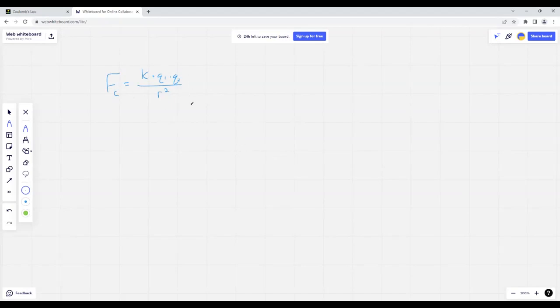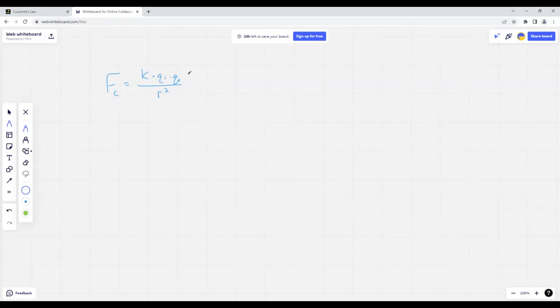Now, even just looking at this and where the variables are and understanding that we can have different types of charges, we can actually pull a lot of information from this before we even really start putting numbers in. K is a constant that I will show you in just a minute, so that's just something that's always the same. But if we have like charges, ones that match, either both positive or both negative, it won't matter, then what would happen is we would get a positive answer for force.